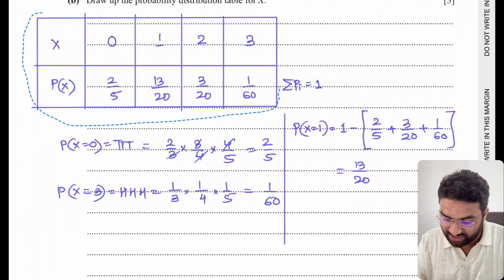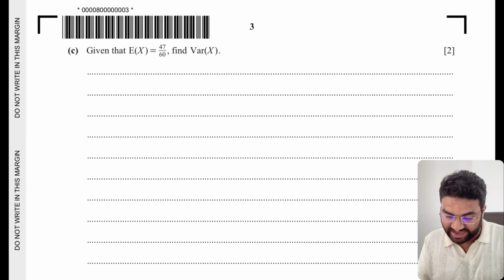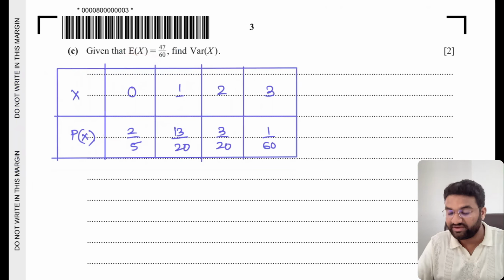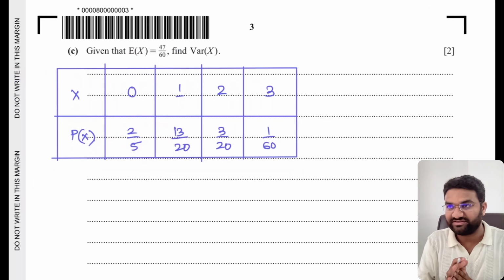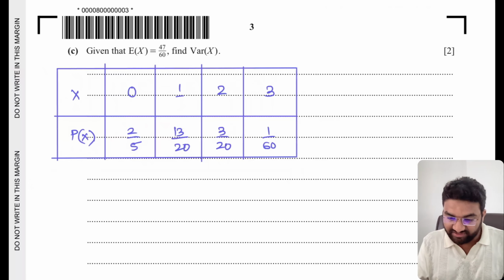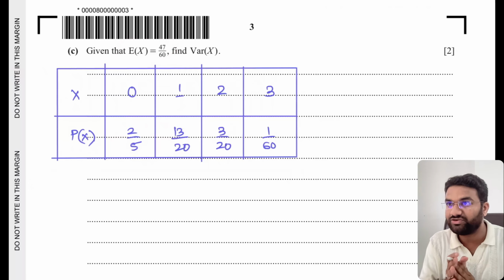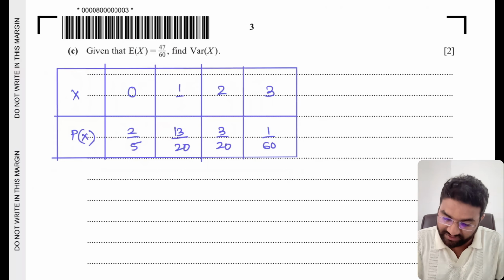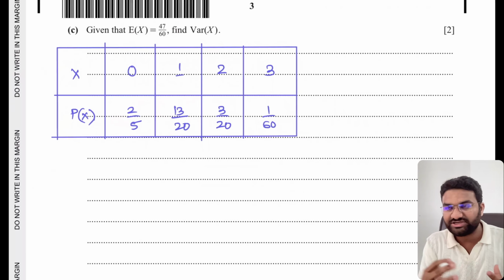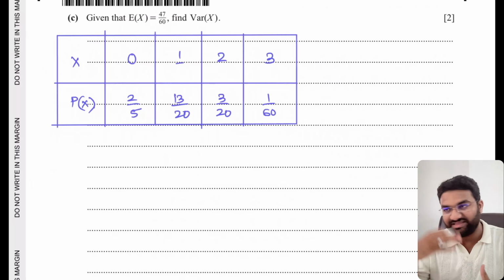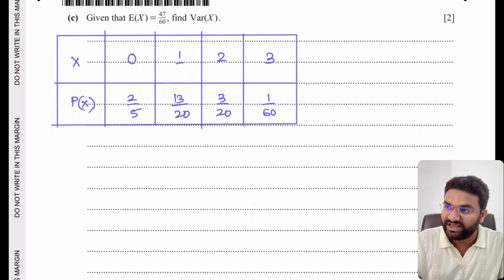Now we have to do the next part: given that E of X is 47 by 60, find the V of X. If E of X is not given here, I hope you know how to calculate E of X as well. But since it's an explanation video, I will explain it for your understanding; in the exam there is no need to answer if they haven't asked.